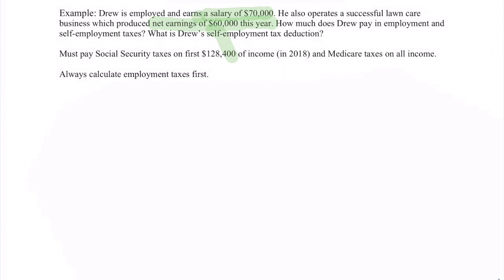All right, so we're going to go ahead and work through this. The first thing that's going to happen is on the first $128,400 of income, we're thinking about the employer, so we're calculating the employment taxes first. We're talking about the salary component of $70,000.